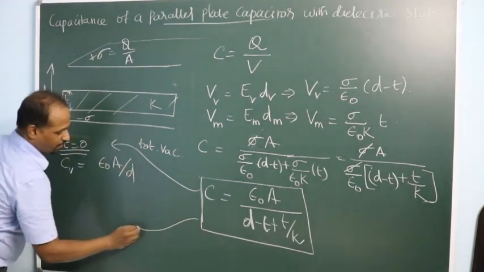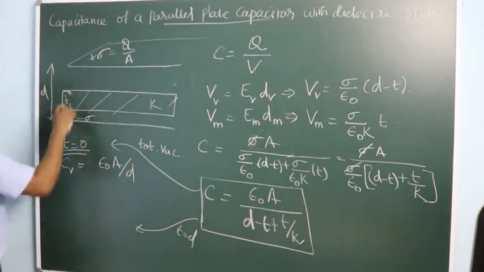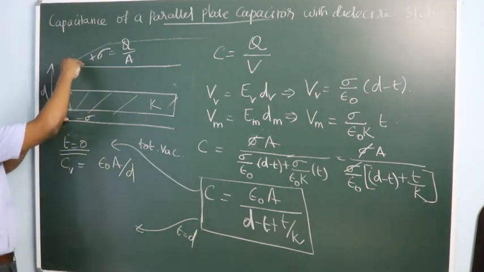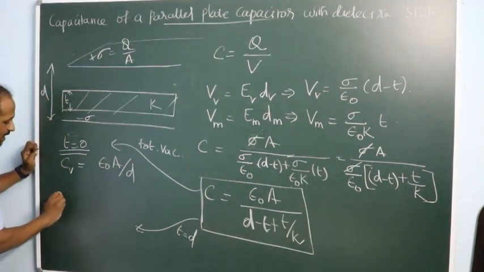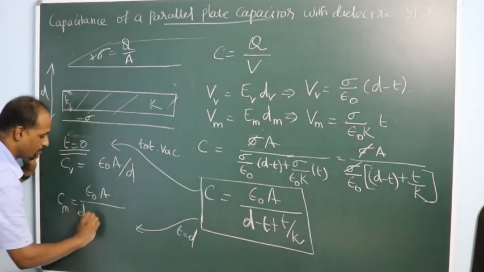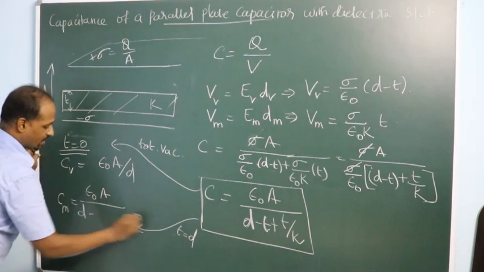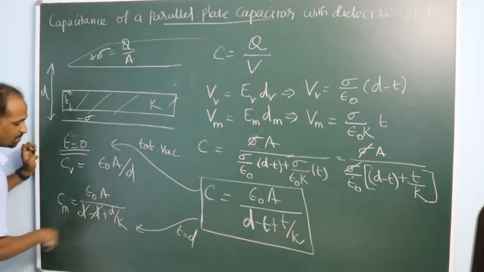If it is totally filled with dielectric medium, t is equal to d, because if the dielectric slab fully fills the distance between the plates, t will be equal to d. In that case, the capacitance when fully filled with medium is epsilon naught A by d minus t, where t is equal to d, so d plus d by K. Minus d plus d will be cancelled.